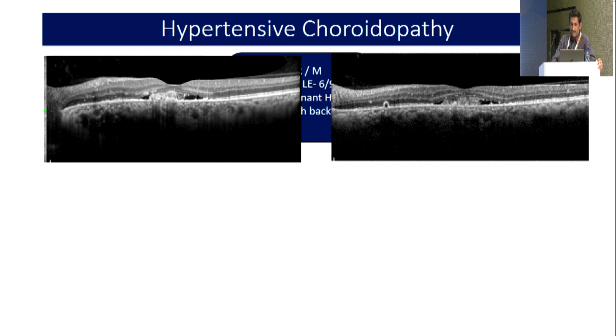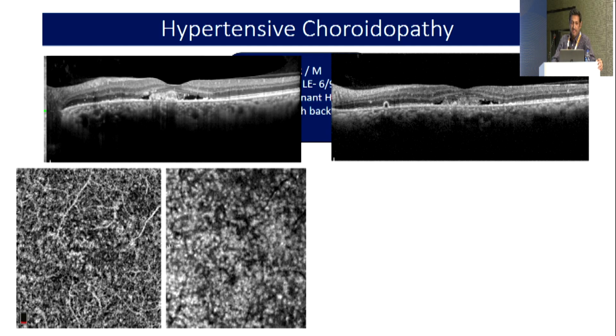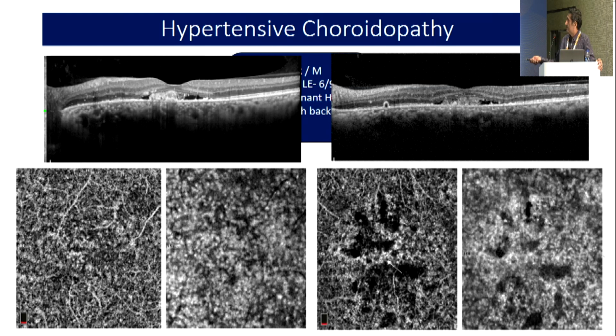These are all features of hypertensive choroidopathy, and you can see how nicely the OCTA is showing the flow void areas. So it gives a systemic clue. Because this is going to translate in all the organs, whatever microvascular changes are happening in the body can be appreciated by OCTA.